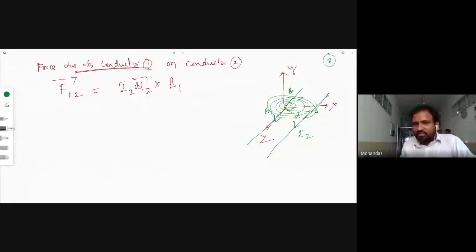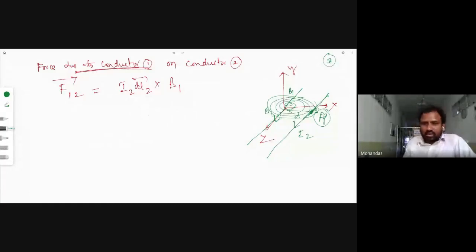Where do you select the field point? On conductor 2. This is the field point you have to select because we are calculating the force on conductor 2 due to conductor 1. So obviously the field point is on conductor 2 only.